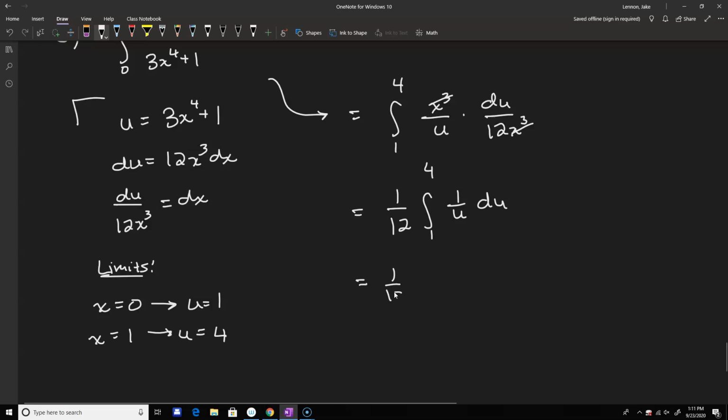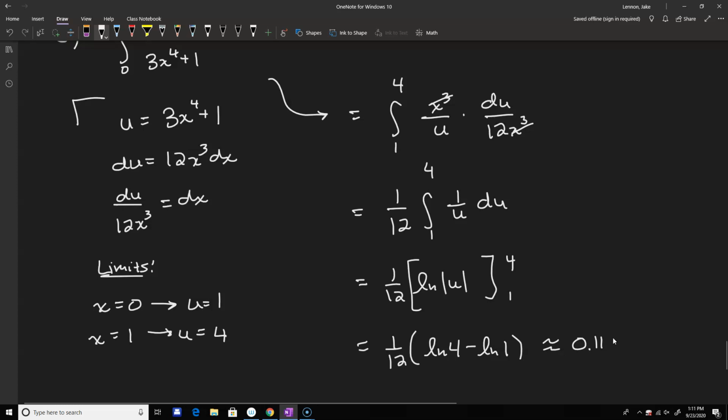So we get 1/12 times the natural log of the absolute value of u from 1 to 4. So we get 1/12 times the natural log of 4 minus the natural log of 1. And this comes out to about 0.1155.